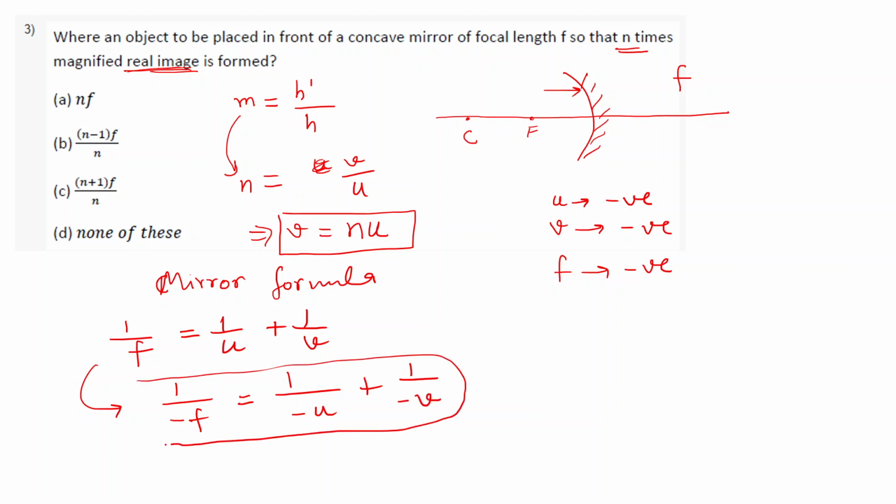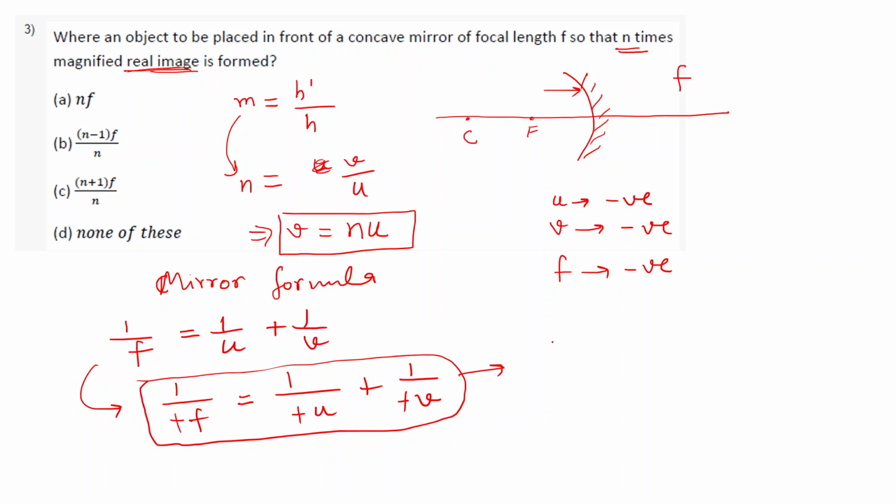So this will be our correct mirror formula. But here you see there is a negative sign on both sides, so ultimately they'll become positive. If I take common negative 1 from this side and take it to the other side, it will become positive. So this is my final formula. Now I'll insert the value.